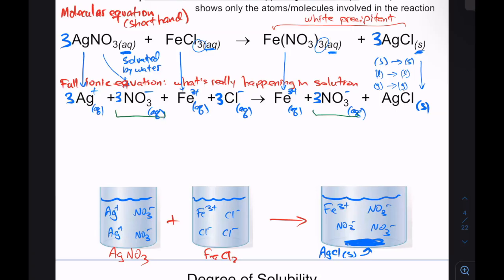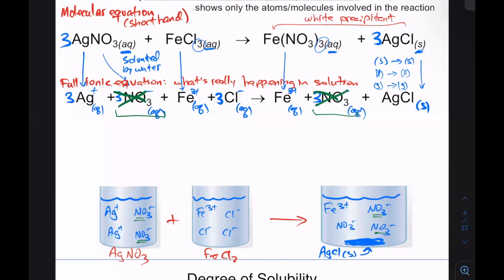But in aqueous solution, the nitrate ion isn't doing anything. It starts in solution and it ends in solution. So just like in a mathematical equation, we can just ignore them. They cancel out. It's the exact same thing. That's why I'm canceling them out. There are 3 nitrates on each side, so they completely cancel out.